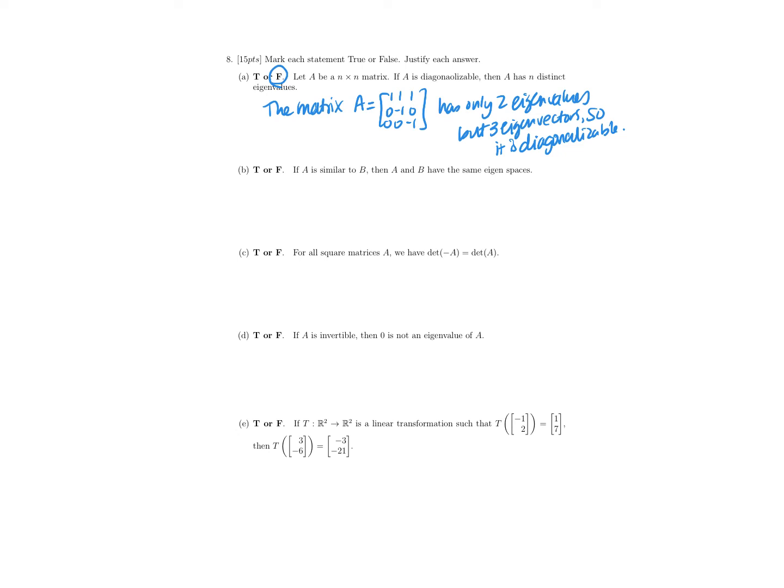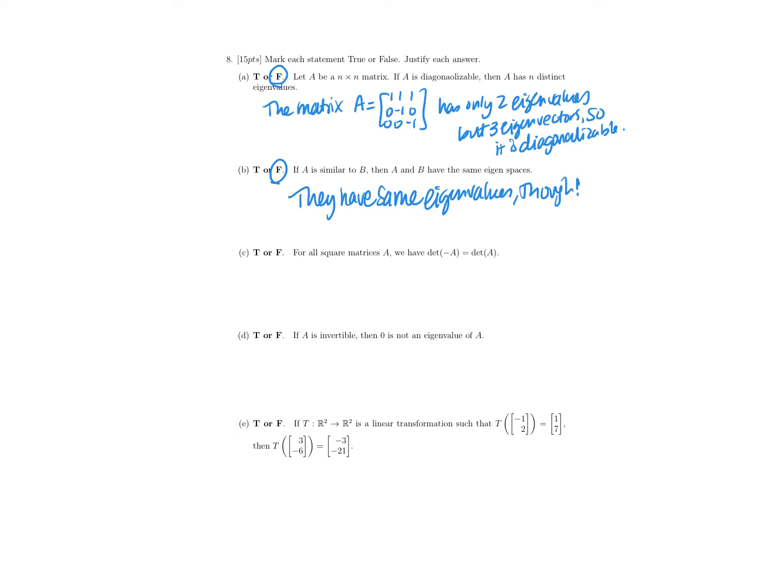Okay, this one: if A is similar to B, then A and B have the same eigenspaces. The theorem that we have says that they have the same eigenvalues, but not necessarily the same eigenspaces.